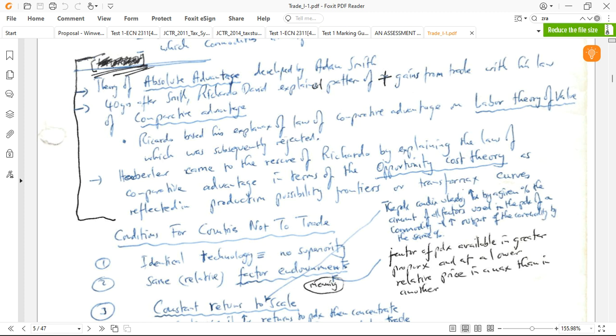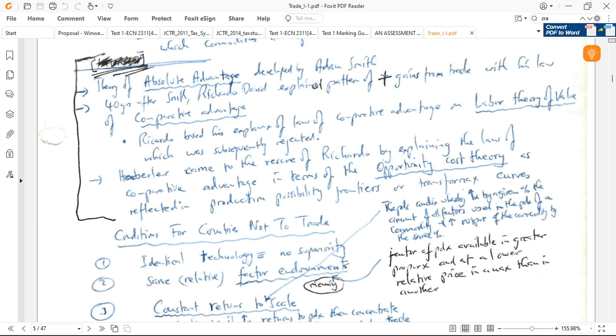Another guy came in to refine Ricardo's competitive advantage concept by using opportunity cost theory. It's not yesterday or today that people started this conversation about trade. It can go back to the 17th century.